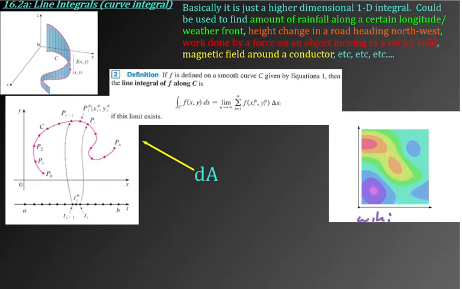What you're doing is taking a one-dimensional thing in the plane, like in the xy plane down here, okay? And the reason I like to think of it as a curve integral is you're taking some sort of curve. This could be the thing you're integrating over, right? That bottom part down here is the curve you're integrating over.